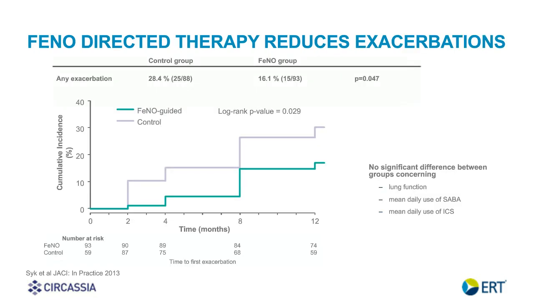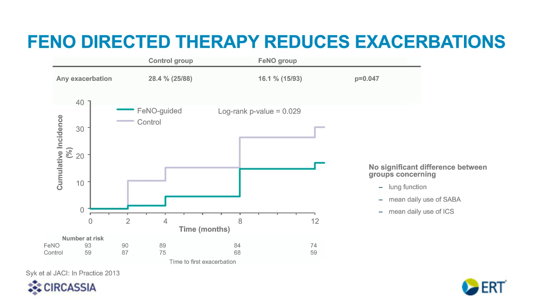And here is the comparison of the cumulative incidence of exacerbations. The FeNO-guided group is in the green, the control in the purple. You can see throughout the time period of observation that the control group had 28.4% exacerbations versus the FeNO group, which had 16.1%, and that was a statistically significant difference.